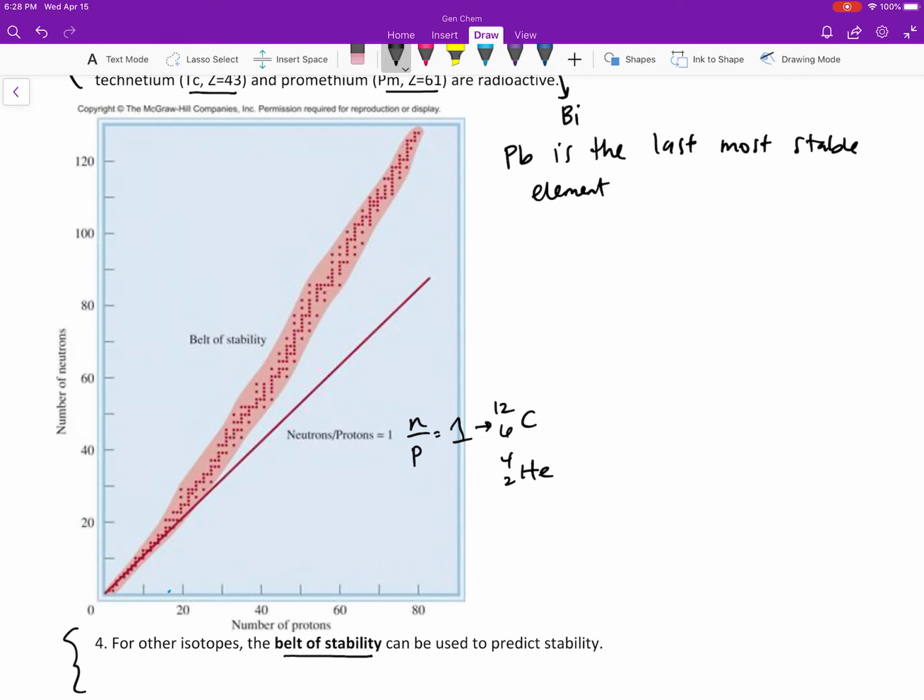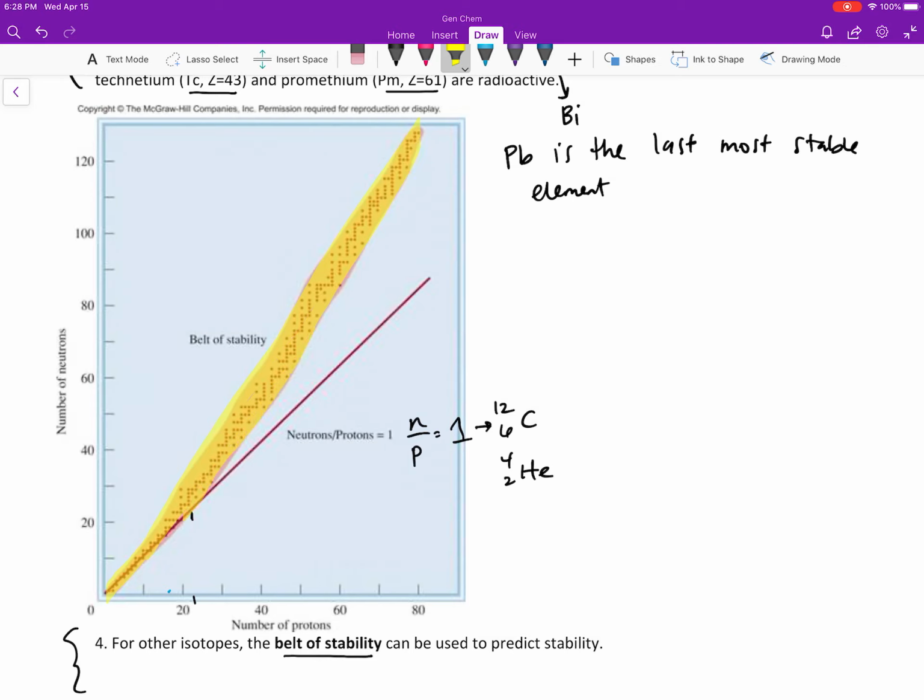And so we can see that for a little bit here, maybe till we get to, it's kind of hard to gauge, this is a little bit higher than 20. But for elements that have an atomic number maybe greater than 22, that 1-to-1 ratio is not a good ratio to have, because what we're aiming for is within this red area, because everything in this red area is going to be stable.